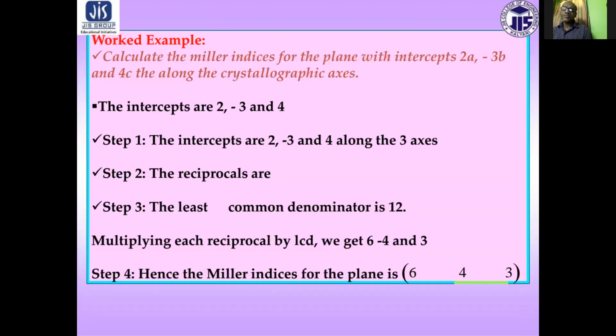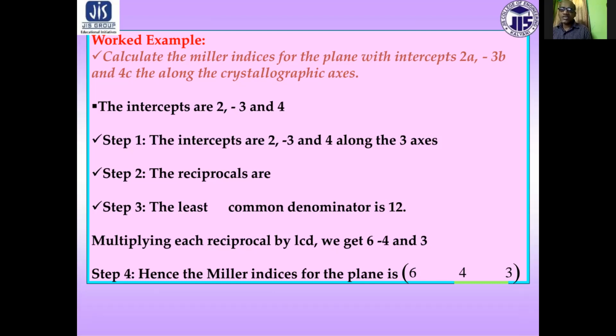For another example, we need to calculate the Miller indices for the plane which has intercepts 2a, minus 3b and 4c along the crystallographic axes. We consider this a cubical system, unless otherwise mentioned.